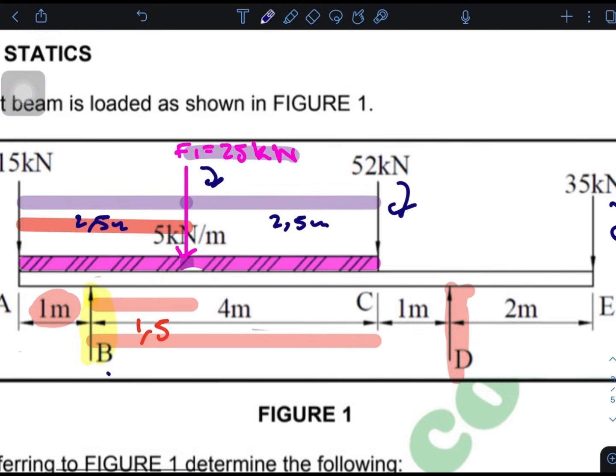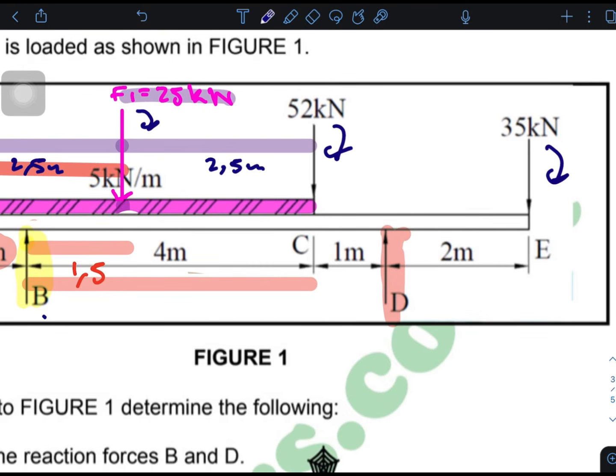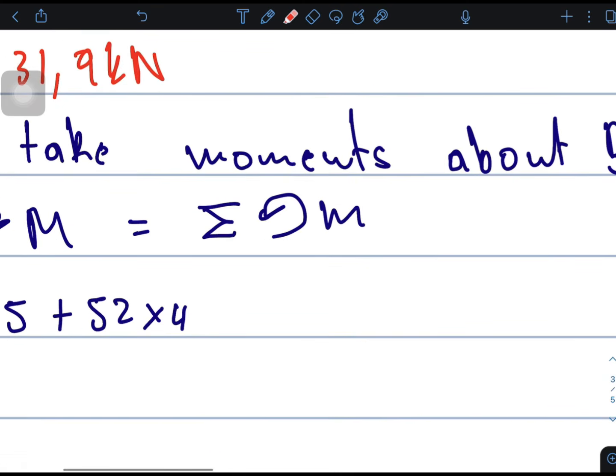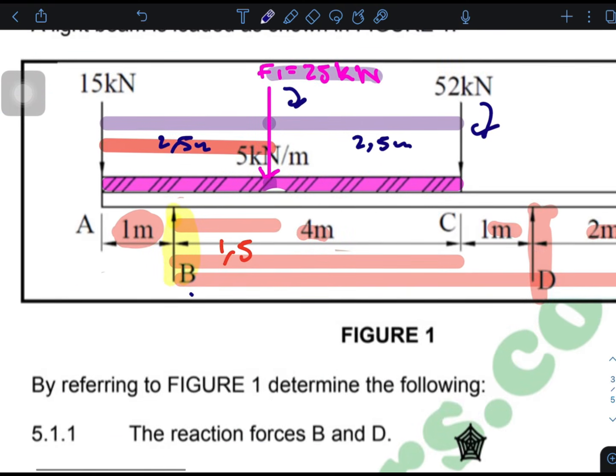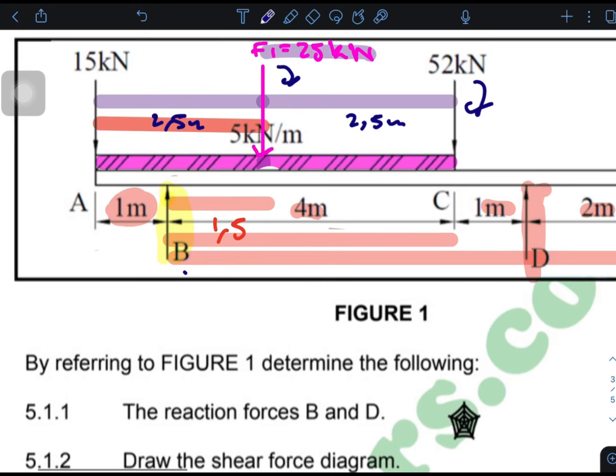Then there is the 35. What is the distance from the turning point B to 35? That distance is 4 plus 1 plus 2, that is 7, plus 35 times 7 is equal to. Then the other forces are basically the anti-clockwise moments. So we have the 15 kilonewton.